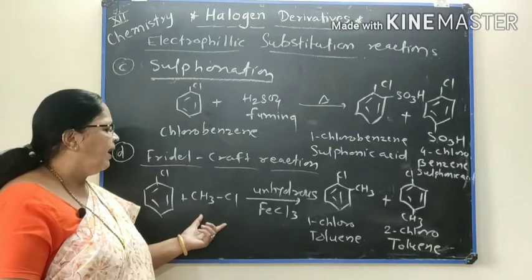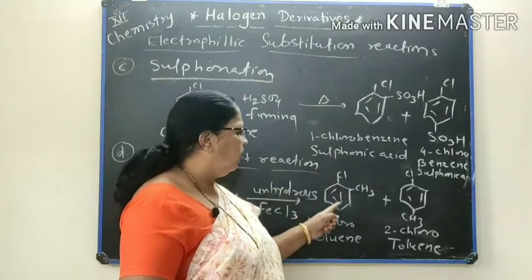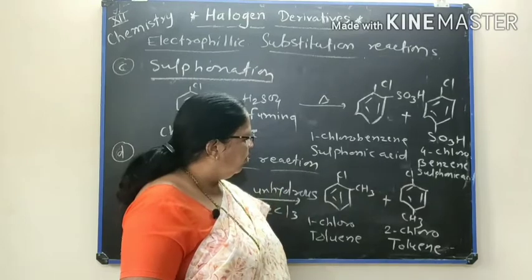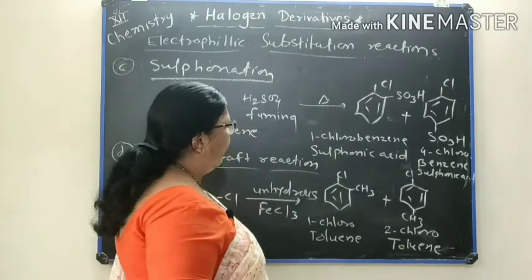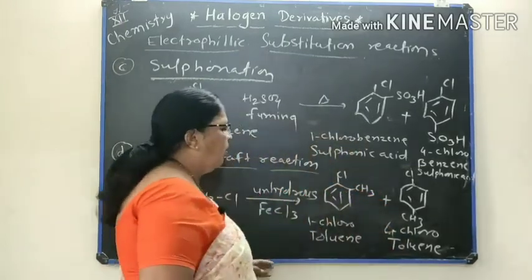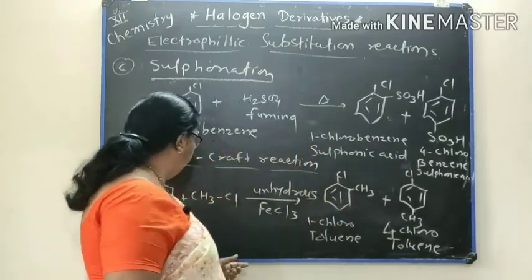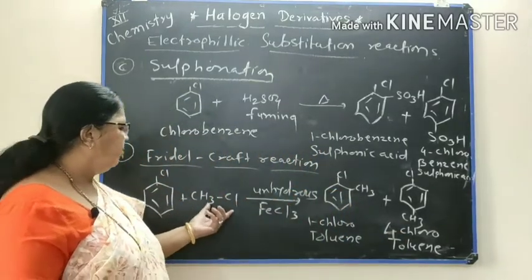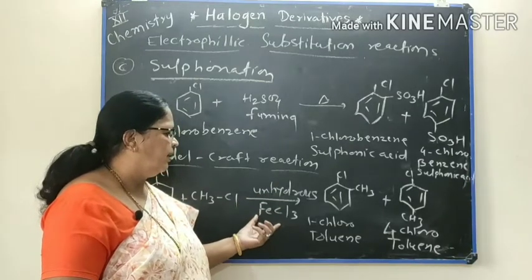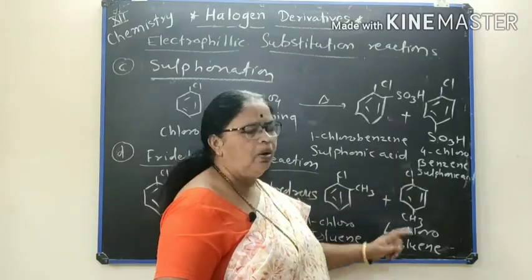In presence of catalyst anhydrous FeCl3, it gives 1-chlorotoluene and second product 4-chlorotoluene.